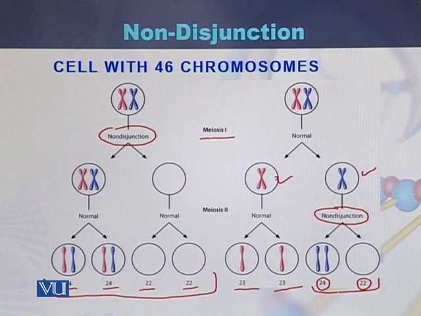So we can conclude that non-disjunction can be during meiosis 1 and it can be during meiosis 2. If it is during meiosis 1, then all the cells produced will be abnormal. In case of meiosis 2, because the chromosomes have been segregated properly during meiosis 1, if there is non-disjunction during meiosis 2, some of the cells will have a normal number of chromosomes, while some of the cells will have an abnormal number of chromosomes.